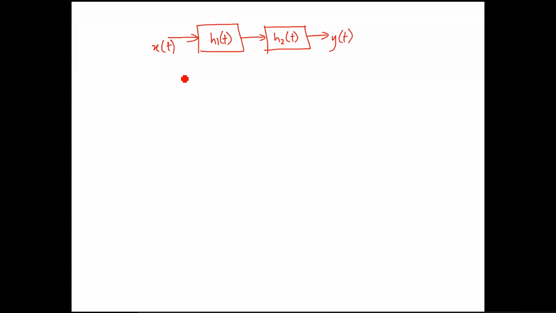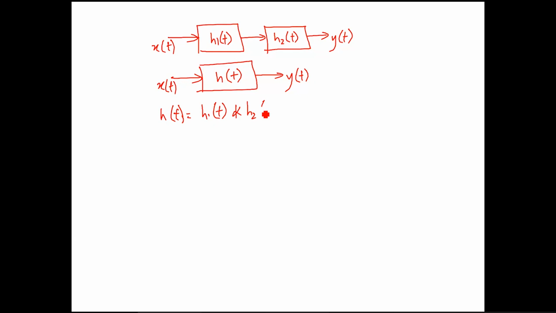then we can make an equivalent system which will have impulse response h of t, and h of t would be just the convolution of the first with the second. We are just simplifying the cascaded system, so h of t is h1 of t convolved with h2 of t.